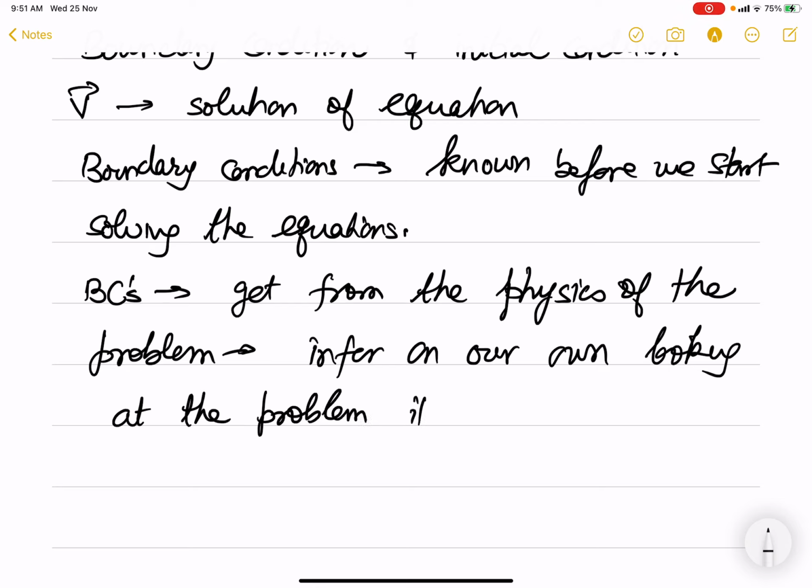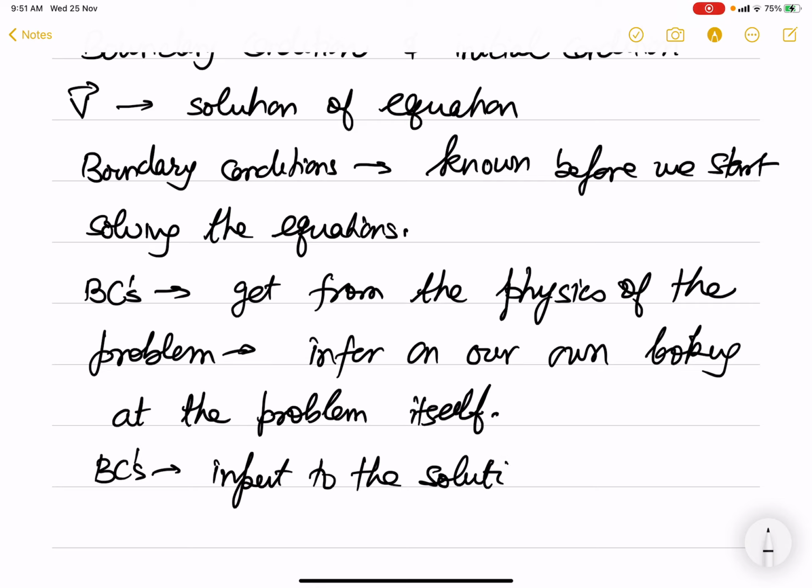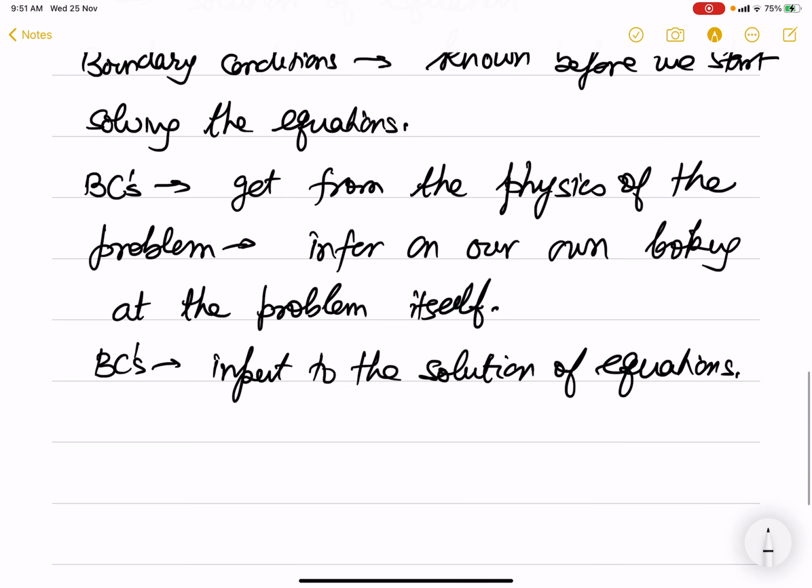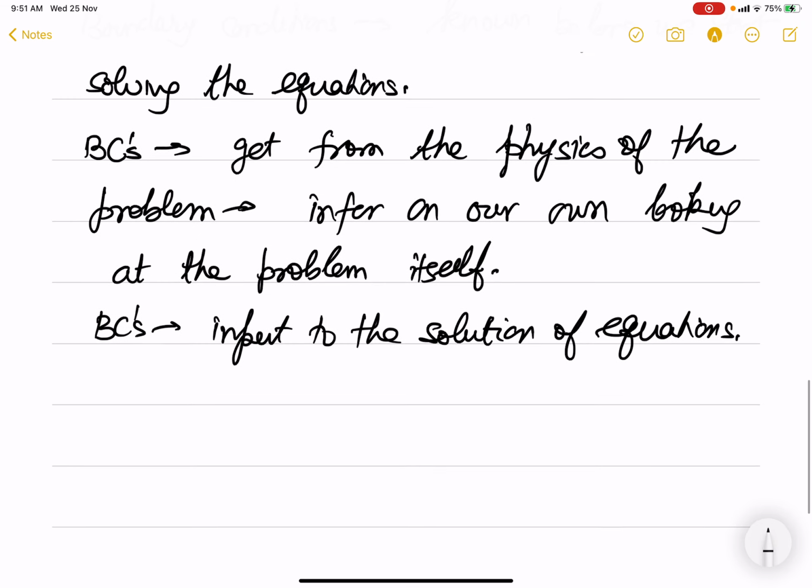So this will be an input to the problem. Boundary conditions will be an input to the solution of the equations, while the flow field is an output.